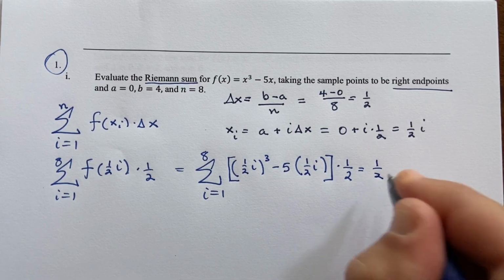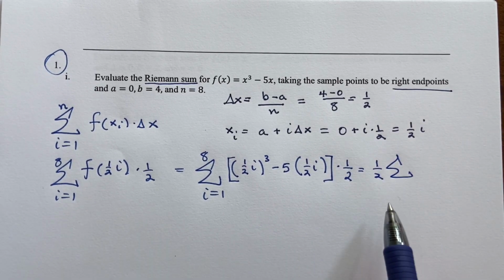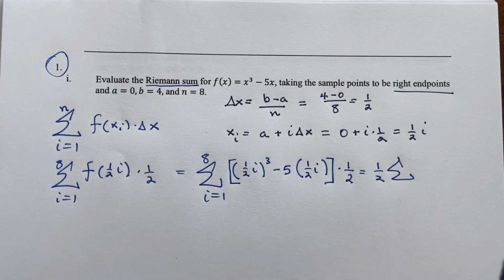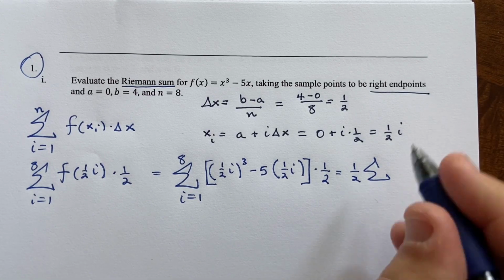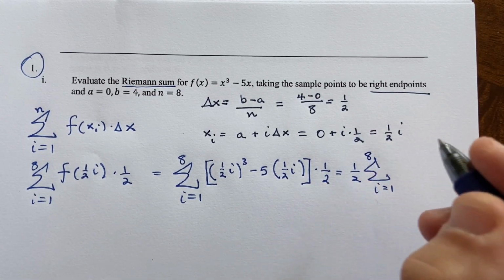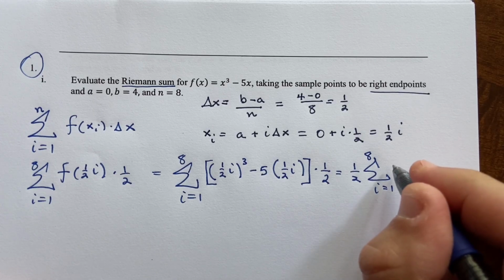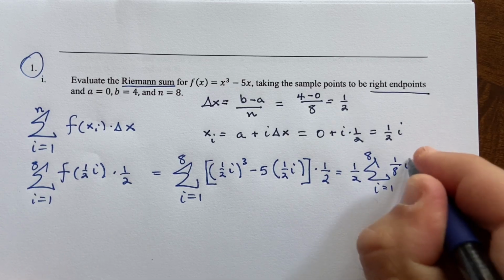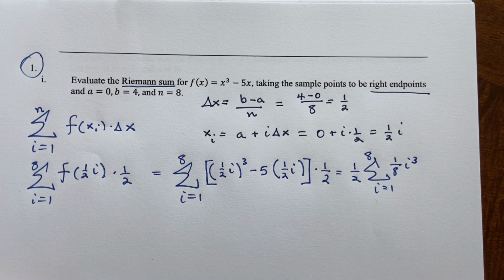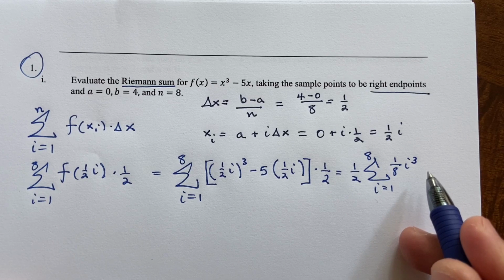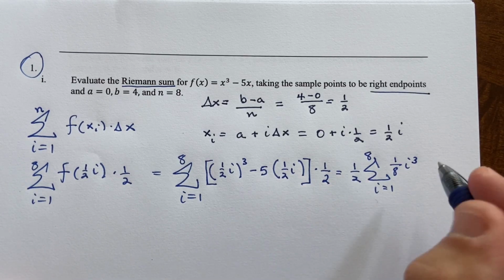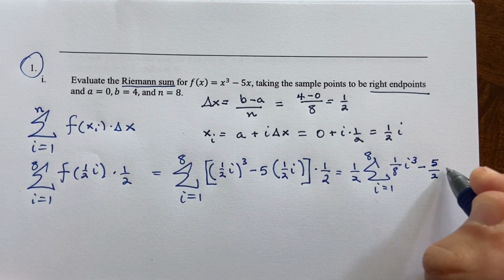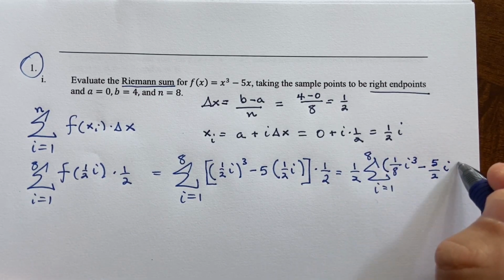The sum only cares about i, so since the 1/2 doesn't involve i I can bring it all the way out front like that. i goes from 1 to 8. Then if I go ahead and cube, 1/8 i cubed. Then continuing, I would then have minus 5/2 i. And this is all in the sum.